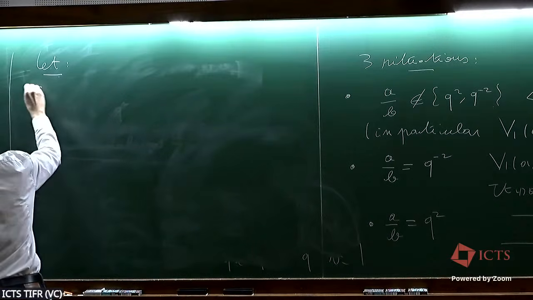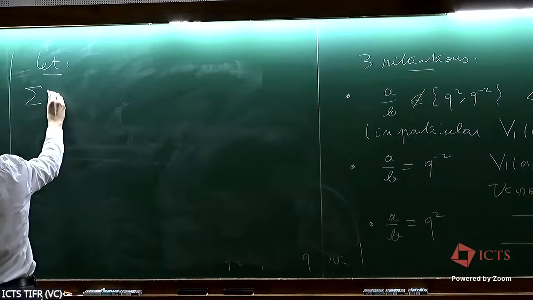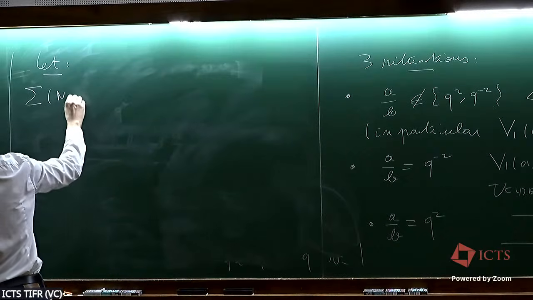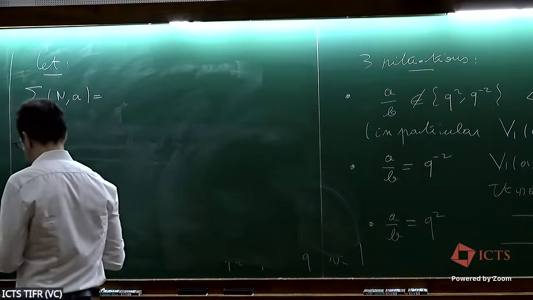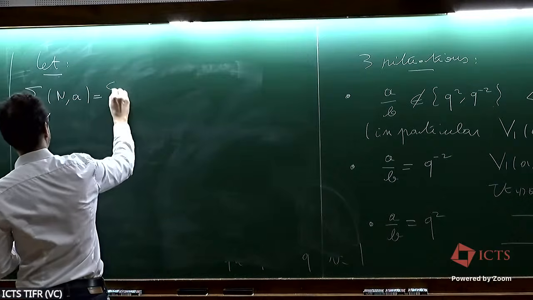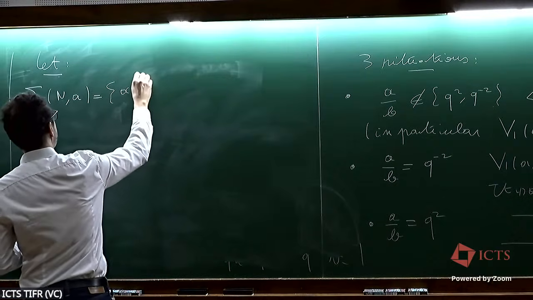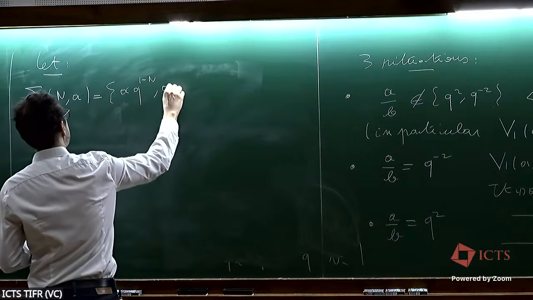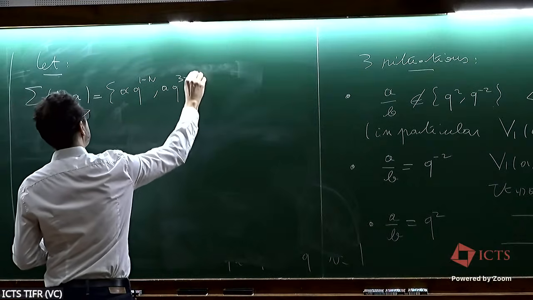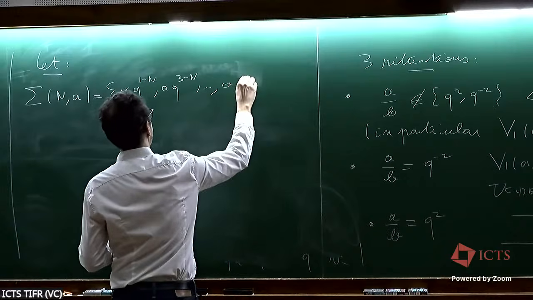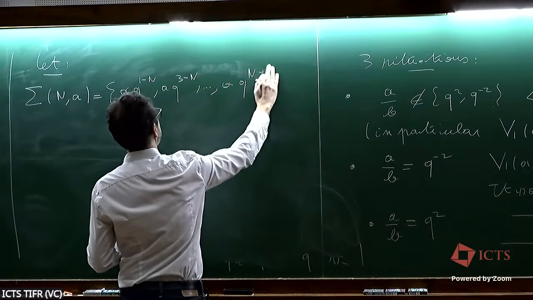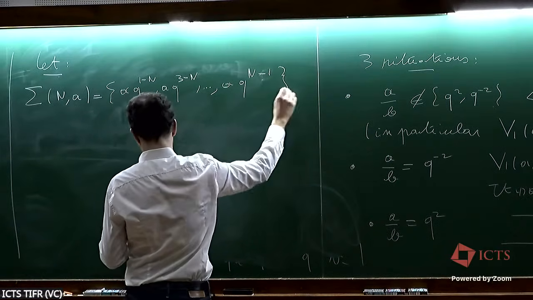So let's define the following set of complex numbers: a^(1-n), a^(3-n), up to a^(n-1).